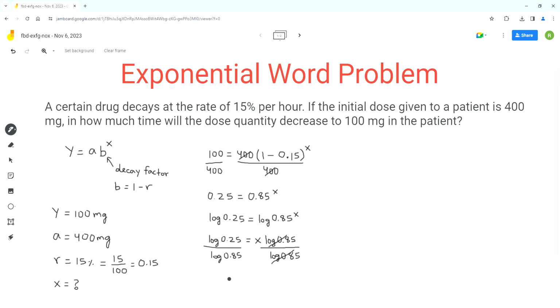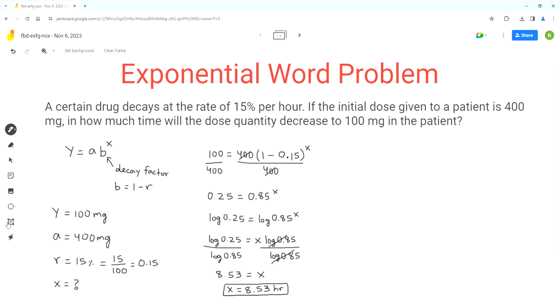Now we can evaluate the fraction on the left side. 8.53 is equal to x, and we can rewrite this as x equals 8.53. Now here x represents the number of decay periods, and the unit for that will be hours because that's the decay rate unit. It's per hour. So that's the final answer for this problem.